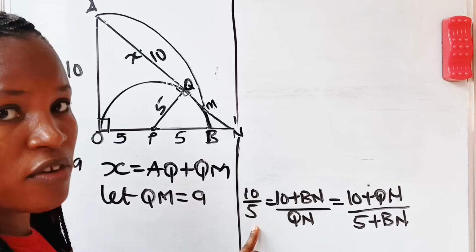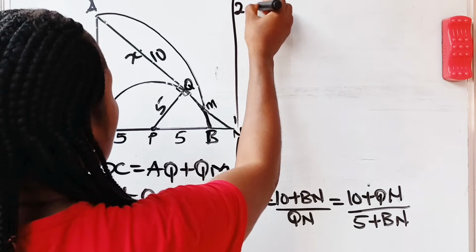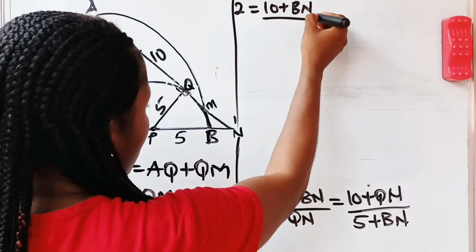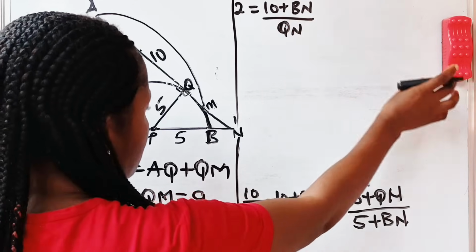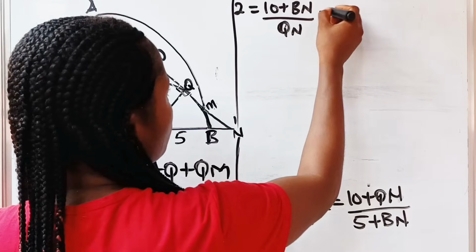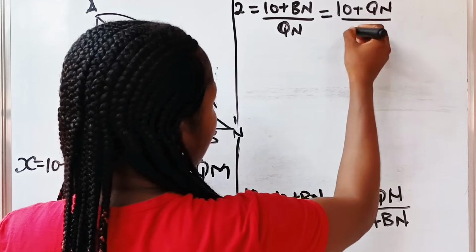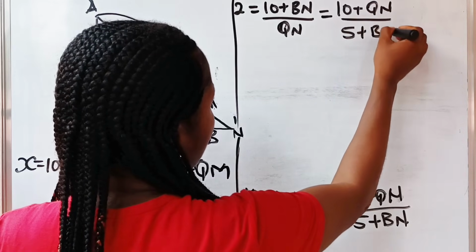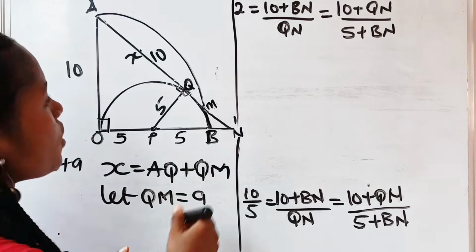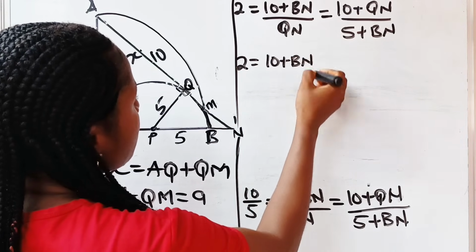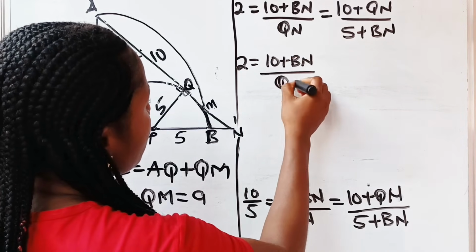So 10 divided by 5 will give us 2. So we have 2 is equal to 10 plus BN divided by QN, which is equal to 10 plus QN divided by 5 plus BN. So we can say that 2 is equal to 10 plus BN divided by QN.